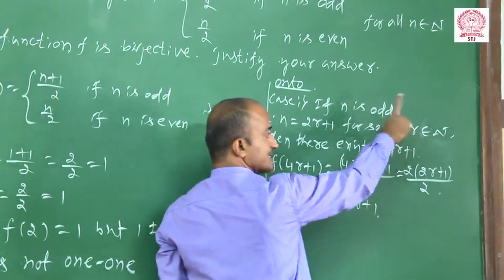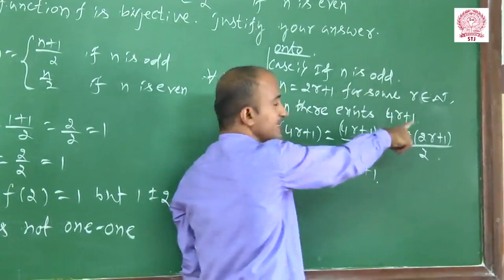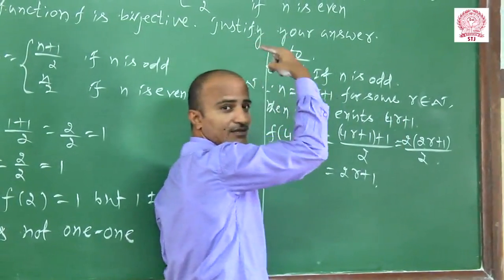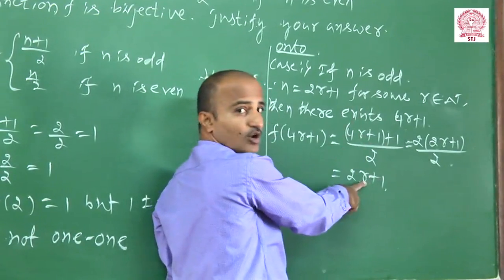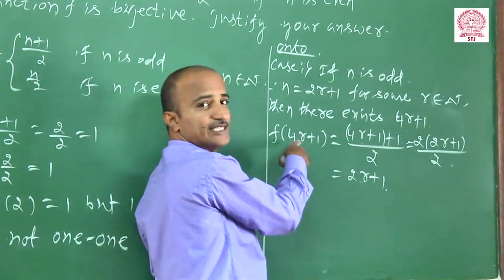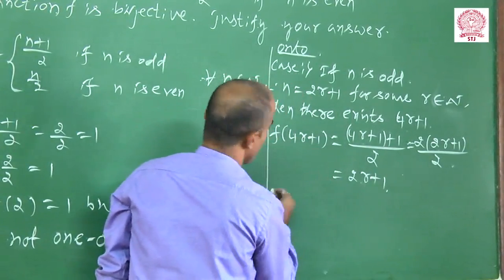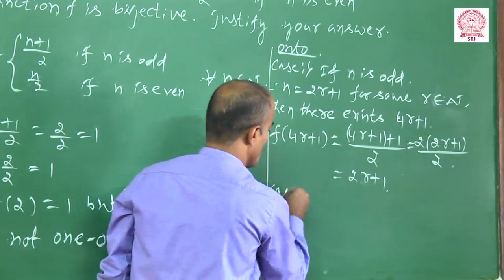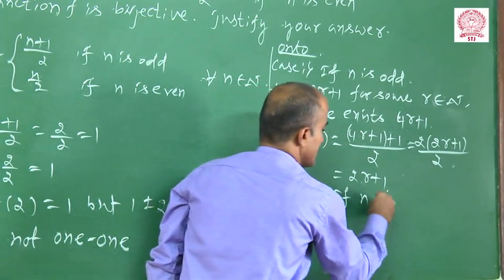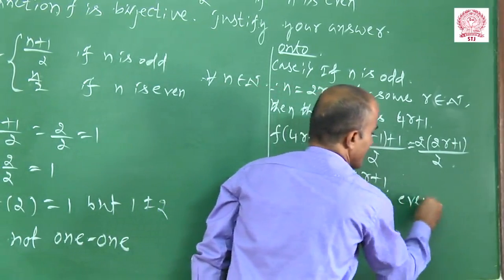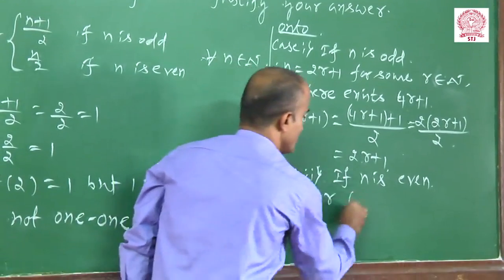So we are getting that there exists a number 4r plus 1 in the domain. And for each odd element in the codomain, we have a corresponding pre-image in the domain, 2r plus 1. Now the case 2, if n is even, when n is even, therefore n will be 2r.